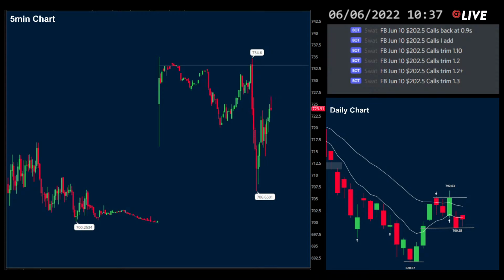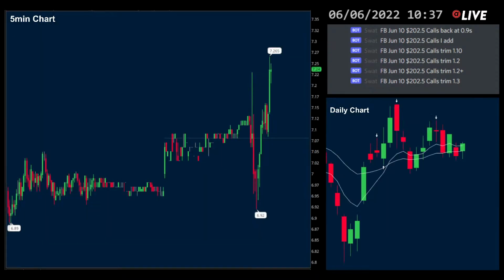SoFi, some bull flow on SoFi. SoFi, some bull flow.